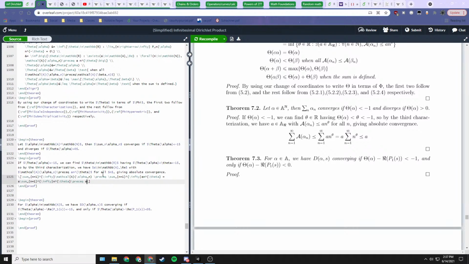Do a sum. This should be 1 plus the integral from 1 to infinity of x power theta dx, which is just A times 1 plus, I think it's 1 over theta plus 1, if I did that right.